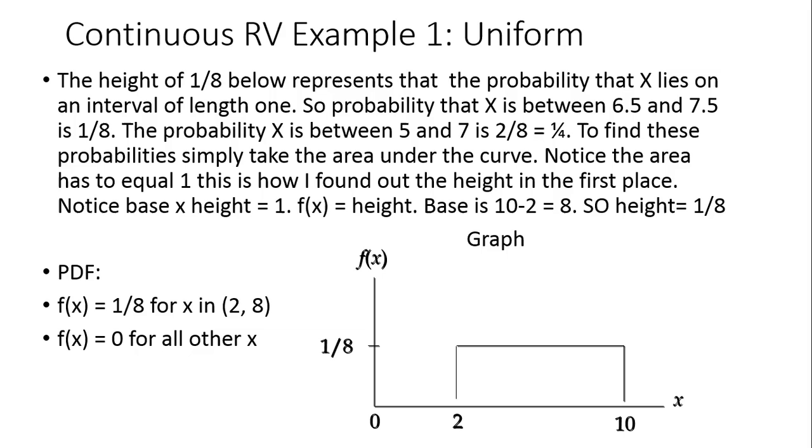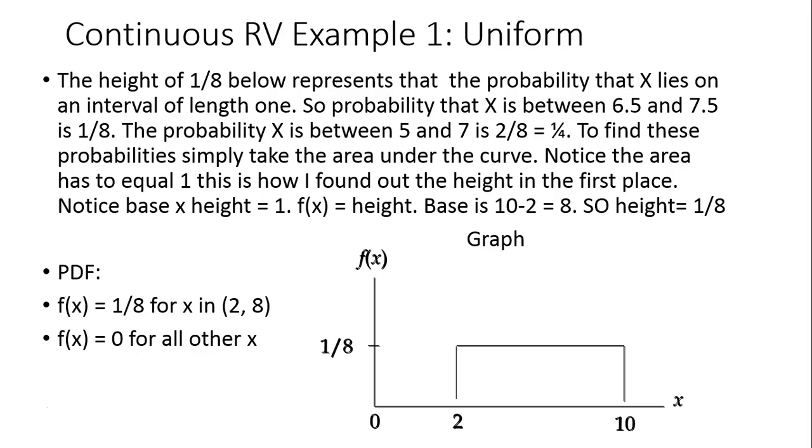And all intervals of equal length between 2 and 10 are equally likely. That means if I get a number between 9 and 10, it's just as likely as getting a number between 2 and 3. And the chance of getting this is 1/8. Okay, everybody?